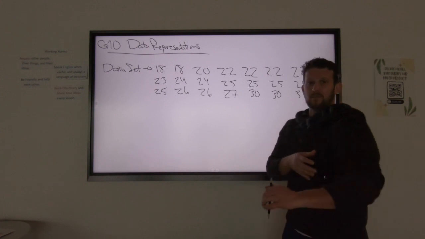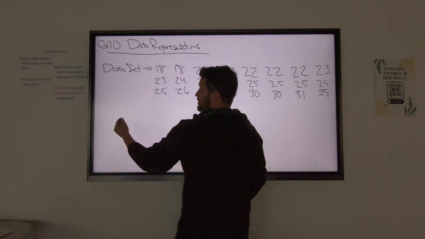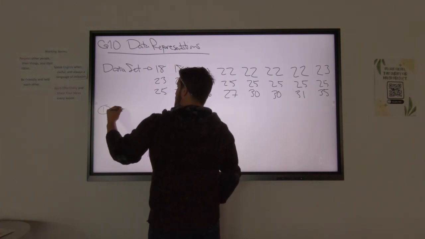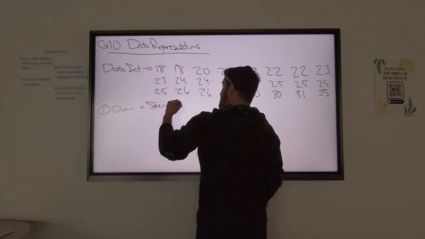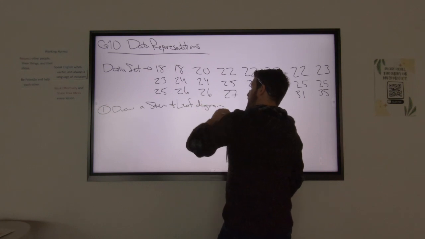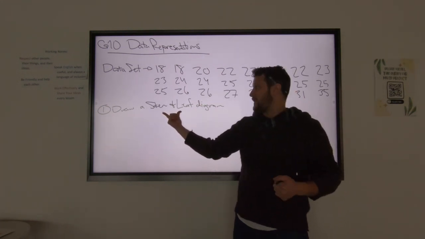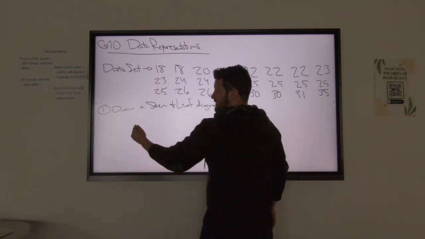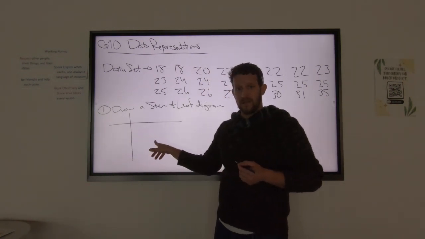The first things I want to do are just review some things that we should, in theory, already know. Question one: let's draw a stem and leaf diagram. A stem and leaf diagram could look like multiple things, but on the IGCSE it's always the exact same. It always has stems on one side and leaves on the other.